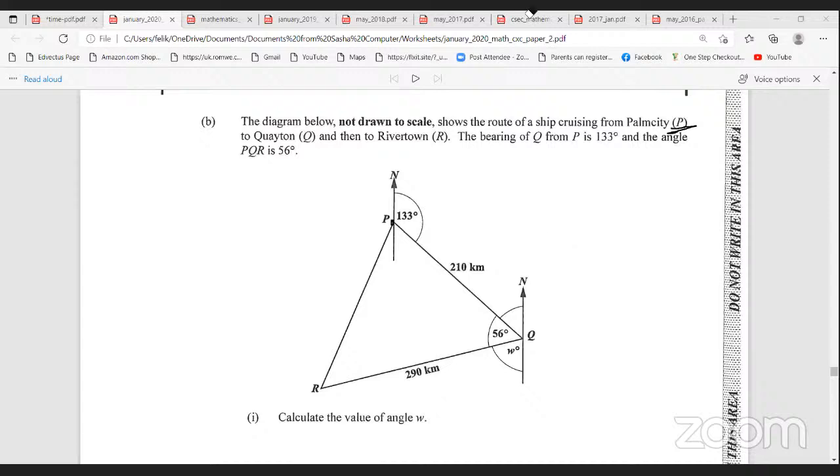Yes, Marlon? Use cosine. Why cosine? Because you're finding out... When do you use the cosine rule?